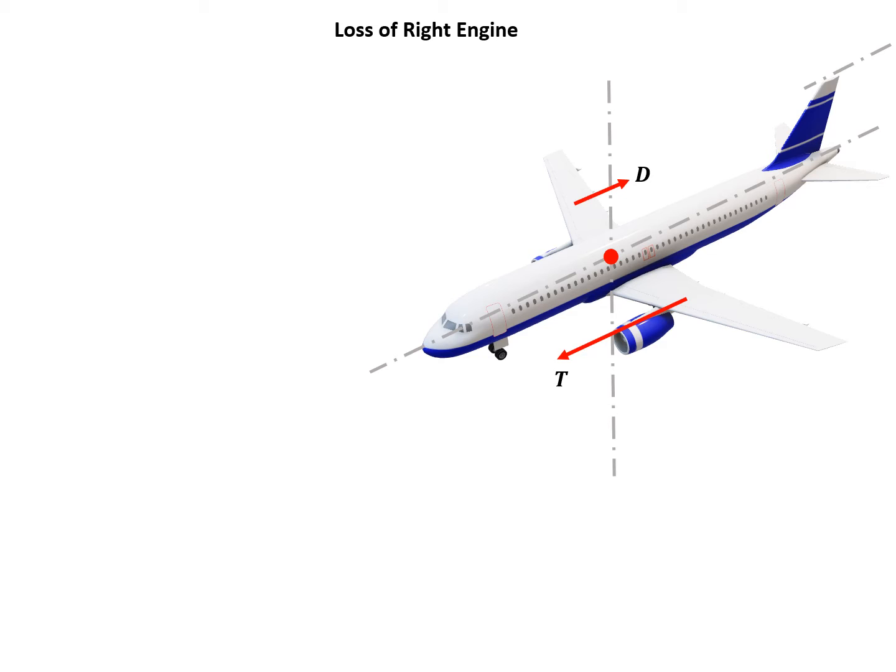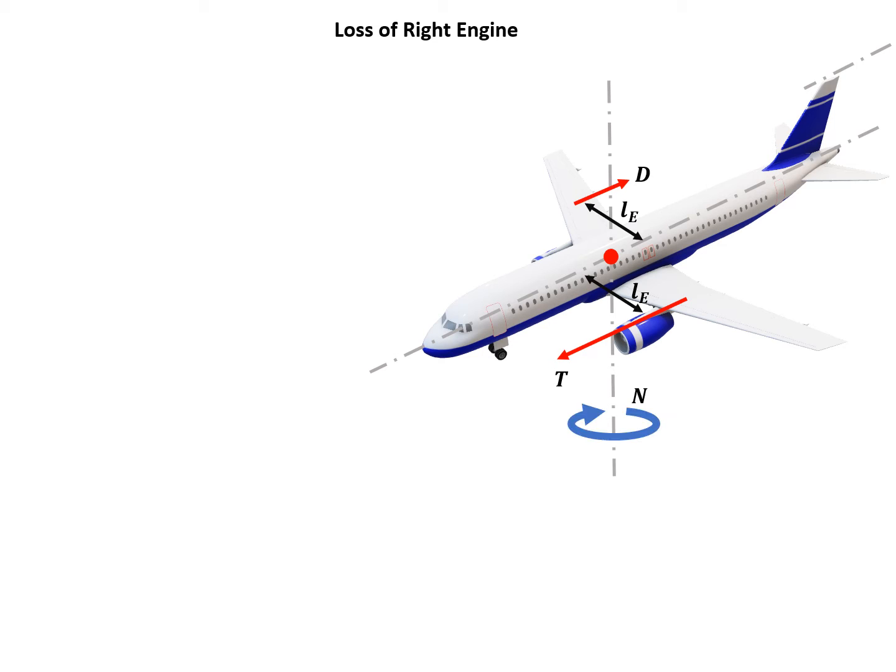That's because the engine is in a windmill condition, and then it will produce a drag. So that's counter to the thrust. Both of these, thrust and drag, operate with a moment arm LE, so they have the same distance from the longitudinal axis.